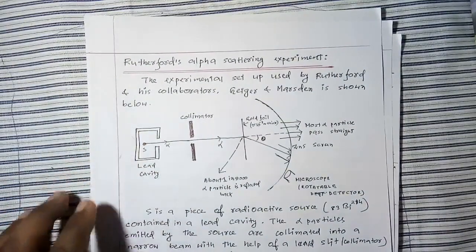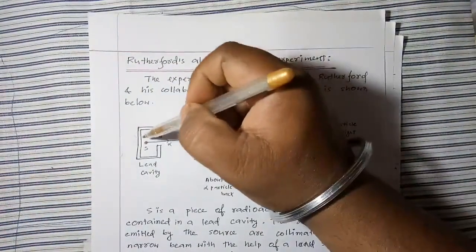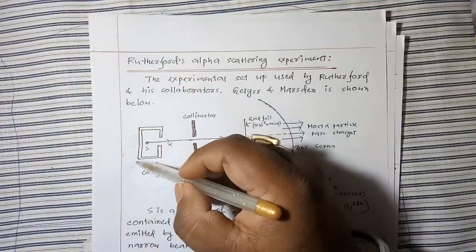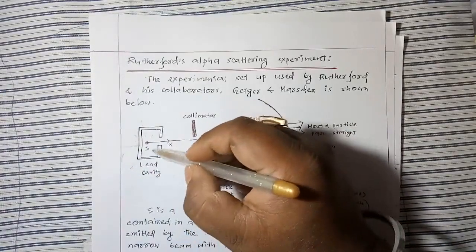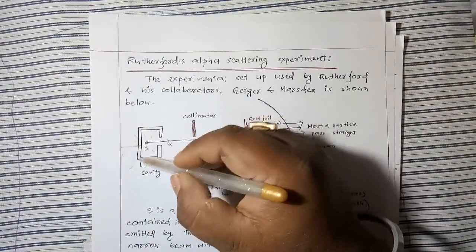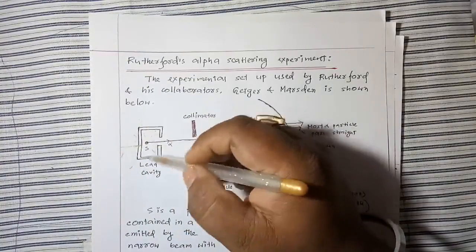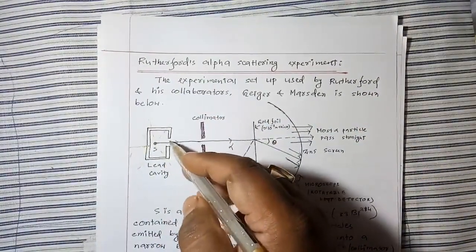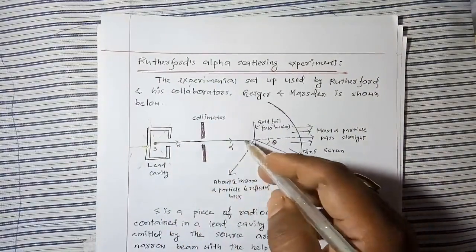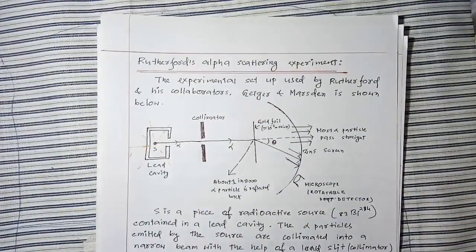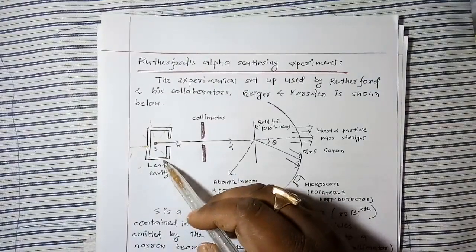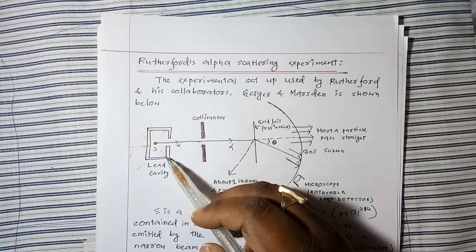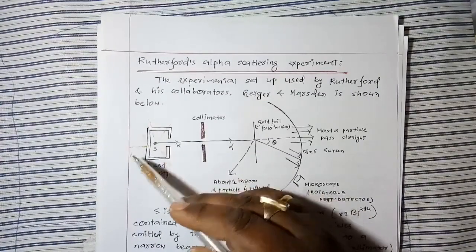That is why, whenever the source is put inside a lead cavity, all the radiations emitted in other directions will be absorbed by the lead cavity, and only the radiation that is emitted through the hole, through the slit, is allowed to move. Okay, understood? And that is why lead cavity is used, not another metal.